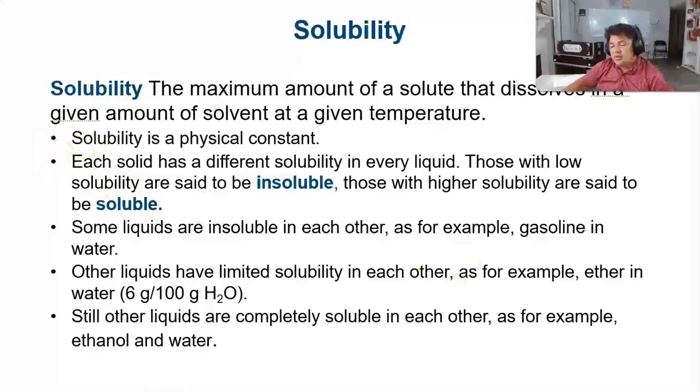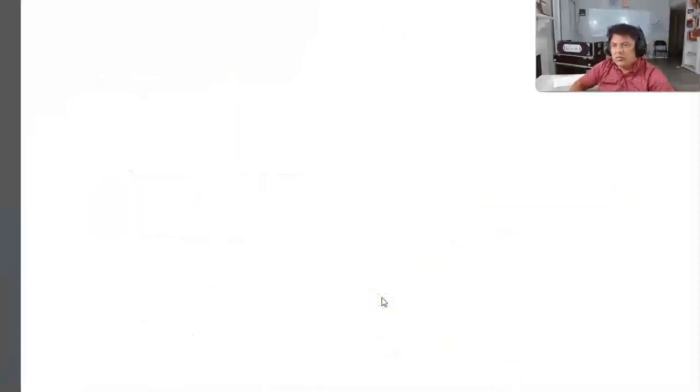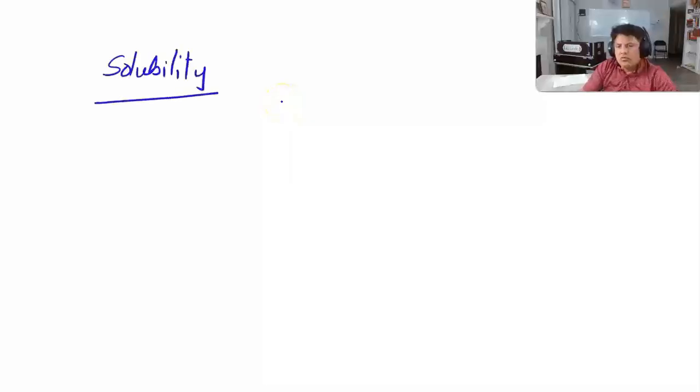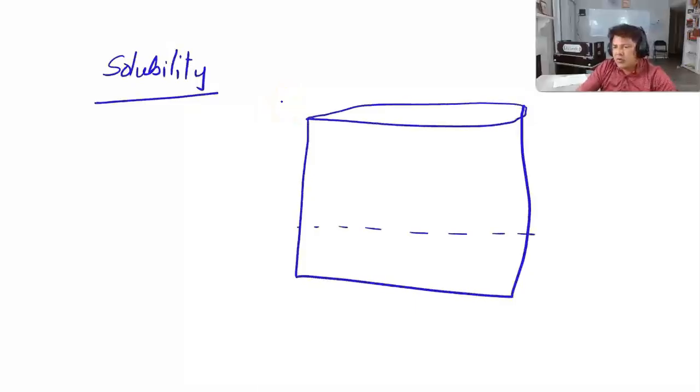So to understand solubility, let's do one experiment. This is my beaker, and the beaker has 100 ml water. Now start dropping salt in. At first it gets dissolved, 10 gram.